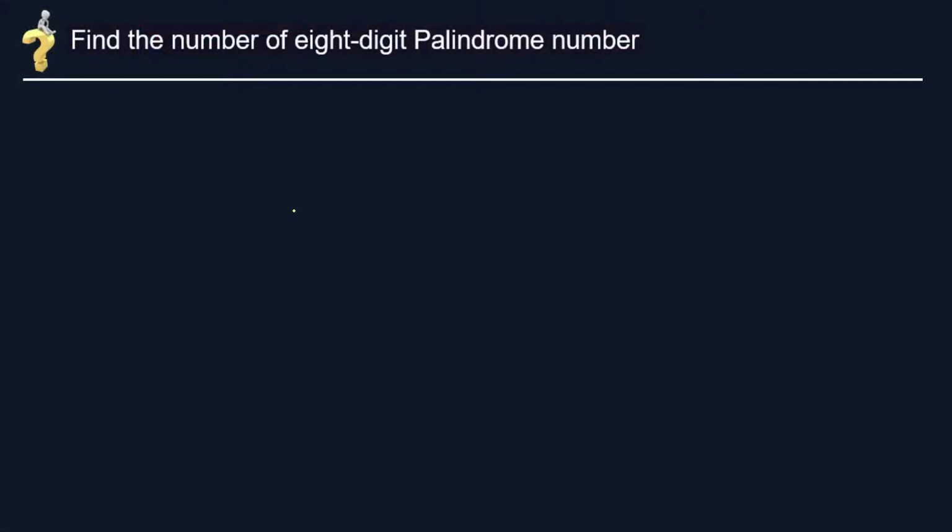Let us say, find the number of 8-digit palindrome numbers. You have to form an 8-digit palindrome number. How many such numbers are there? So an 8-digit palindrome number means 1, 2, 3, 4, 5, 6, 7, 8 places. Whenever you are constructing any palindrome number, you always start from the last digit and think in how many different ways this place can be filled.